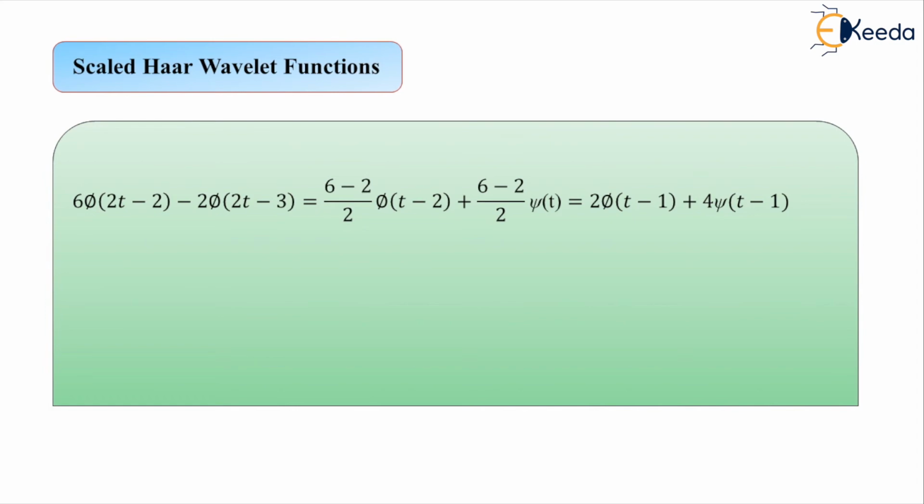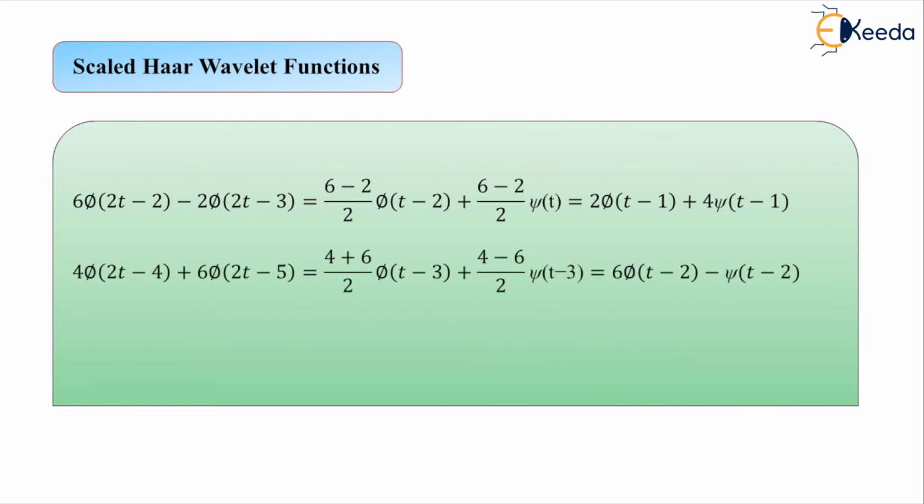And again, when we have the term 4 times phi of 2t minus 4 added by 6 times phi of 2t minus 5, we can get it converted to 4 plus 6 divided by 2, the ratio multiplied to phi of t minus 3. Further added by 4 minus 6 divided by 2 multiplied to psi of t minus 3. So this is equal to 6 times phi of t minus 2 minus psi of t minus 2.